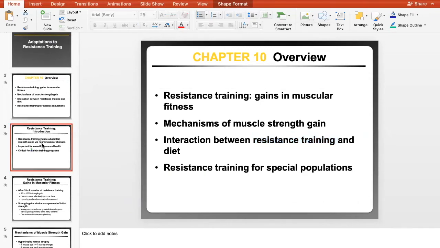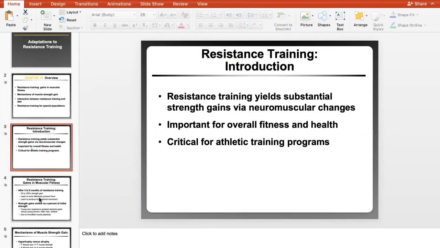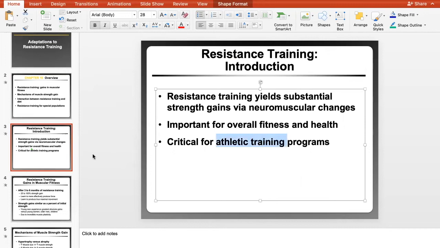And resistance training works. That's why we do it. That's why it's included in most athletic training programs.